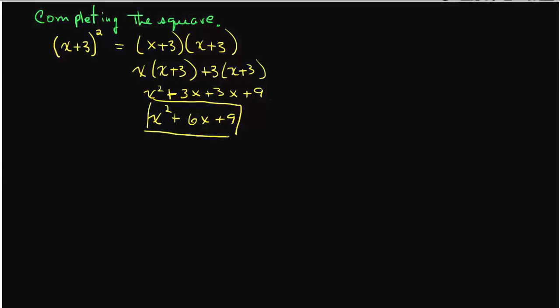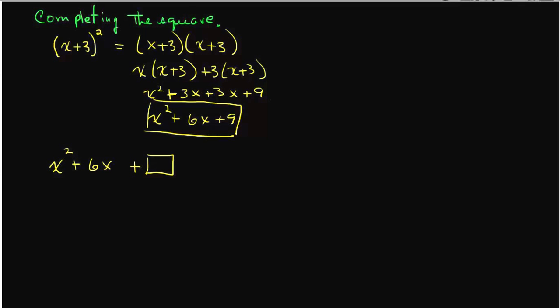It's a trinomial. The goal here is to find a perfect square out of something that is not a perfect square. For example, let's say I have x squared plus 6x. I do not know what to add here. What will make this a perfect square like this one?